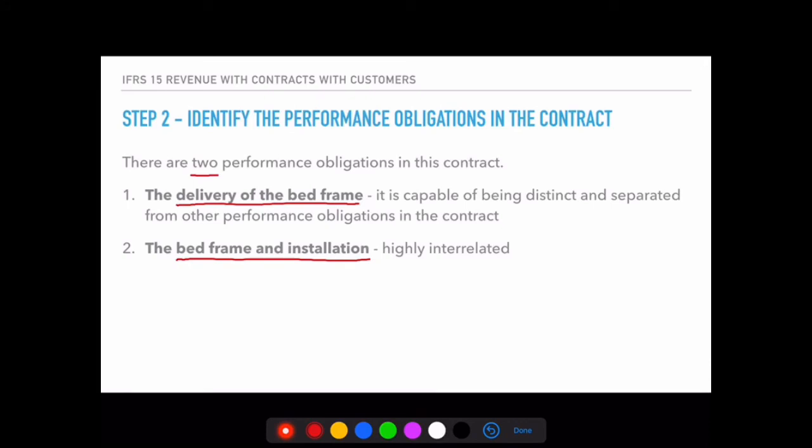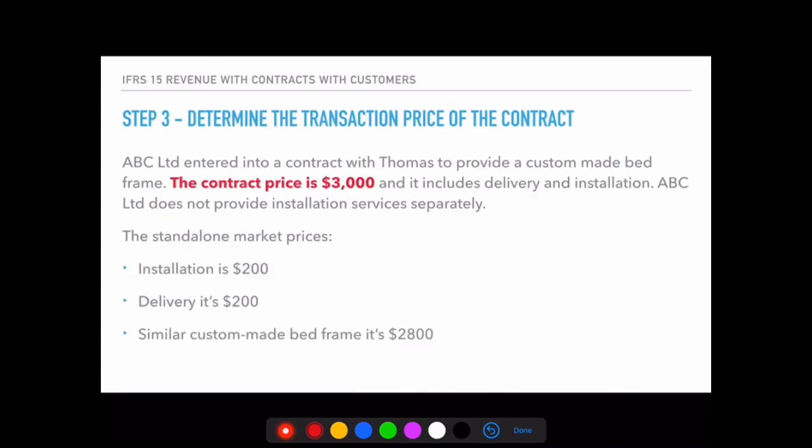Since the case facts say that ABC Limited does not provide installation services separately, it doesn't meet the criteria of a distinct service. So providing the bed frame is interrelated with the installation service, and it's seen as one performance obligation.